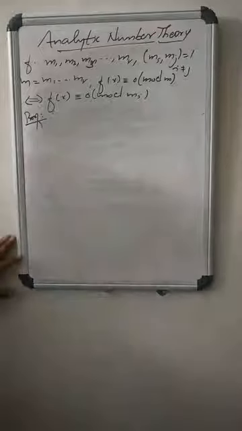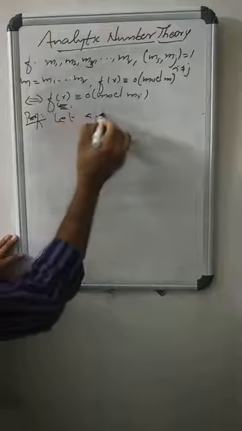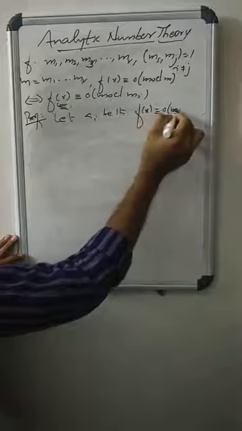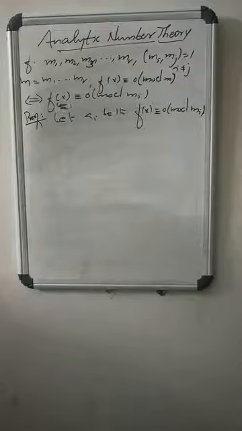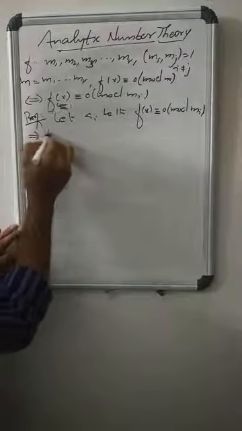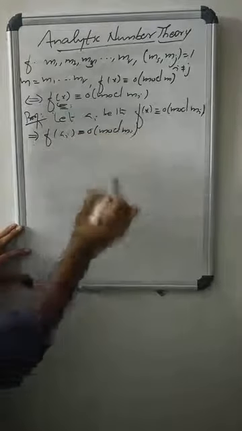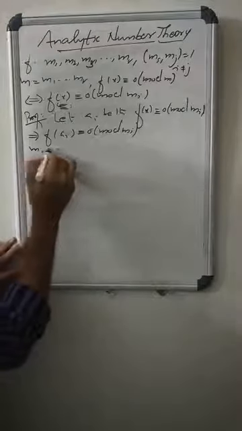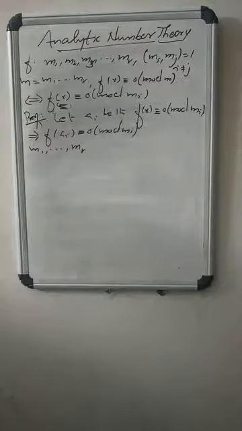So let A be a solution of f of x congruent to 0 mod mi; then we have f of A congruent to 0 mod mi. But what about m1, ..., mr? It is given that they are relatively prime in pairs, so you can apply the Chinese remainder theorem here.